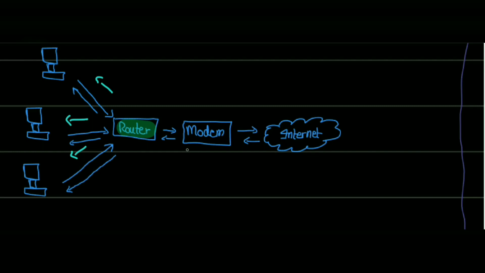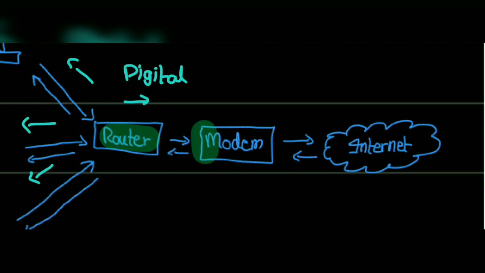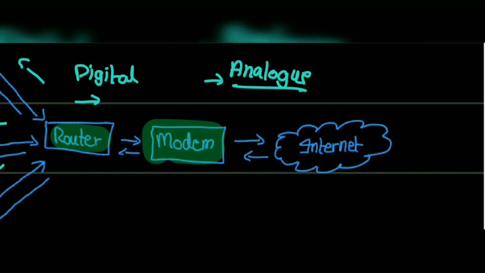Then since the data is digital, we need to convert this digital to analog signal, because the internet works in analog. So in order to do that, we need a modem, which tries to convert the digital to analog signal.